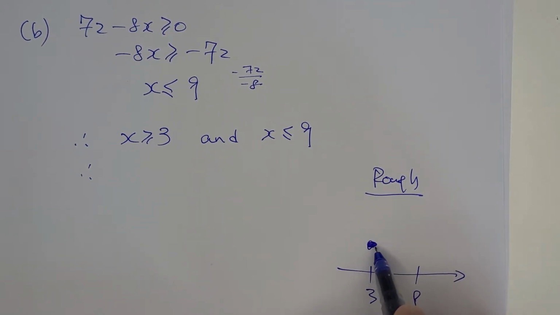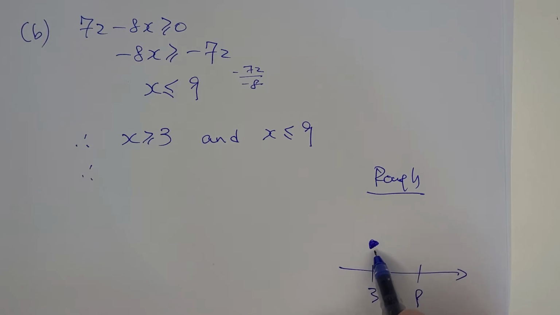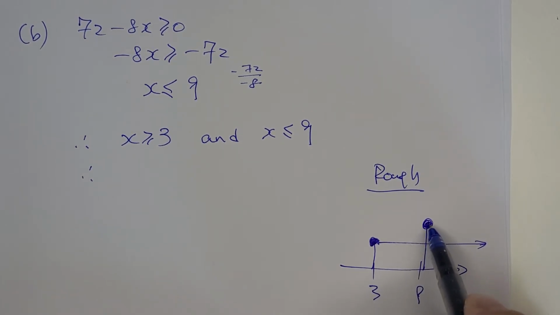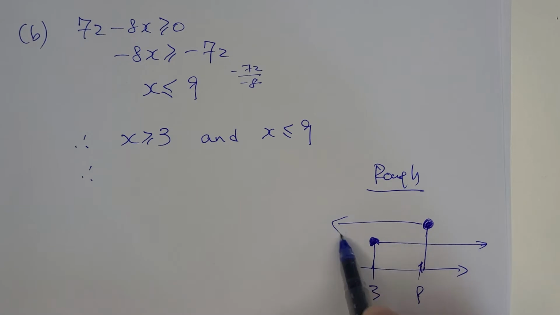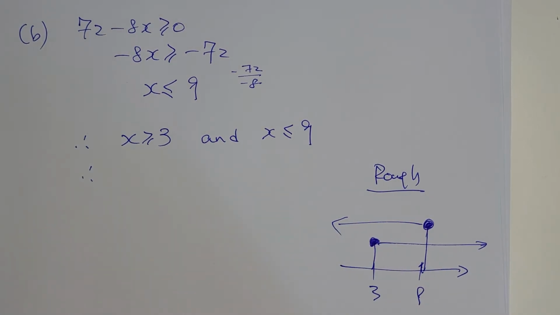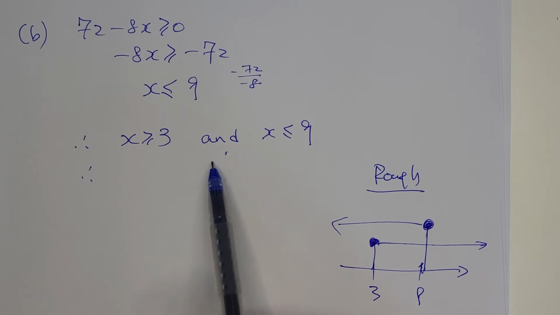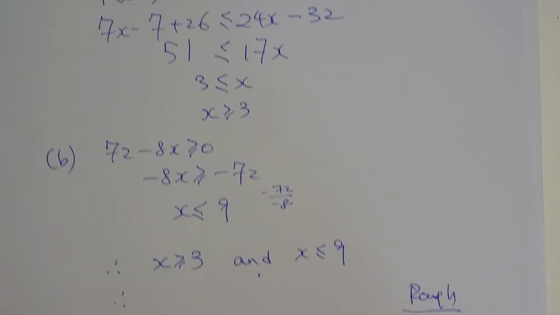We use the solid circle representing 3 is included. And second, x is less than or equal to 9. So we use the solid circle here, pointing to the left hand side. And see the keyword 'and'. That means you need to take the overlap region.